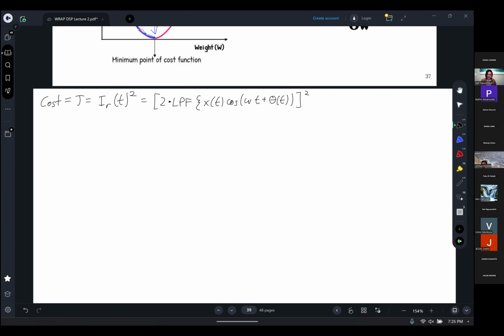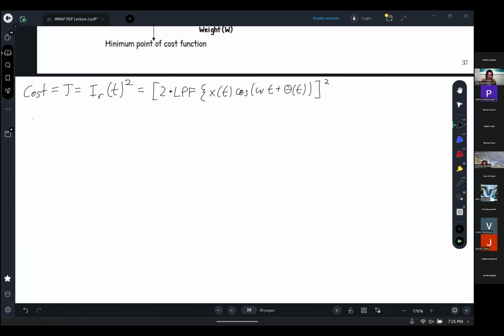So if I take the derivative of the cost function here with respect to theta, we are going to get, well, okay, let's look at this. For the first component of the derivative, we have a square on the outside, so let's just start with the chain rule. Easy enough. So we have two times the low pass filter of x of t cosine of omega t plus theta of t. Let me add this back in.